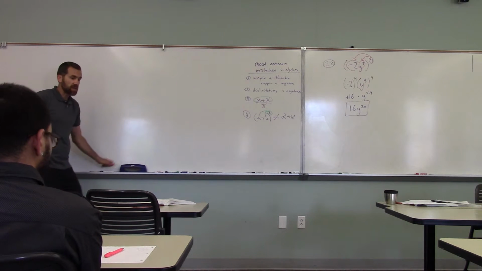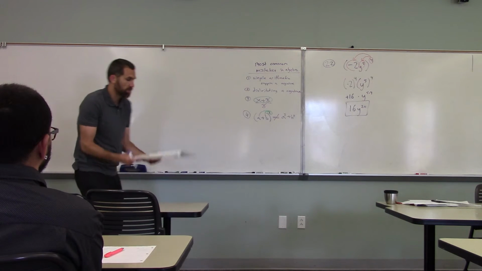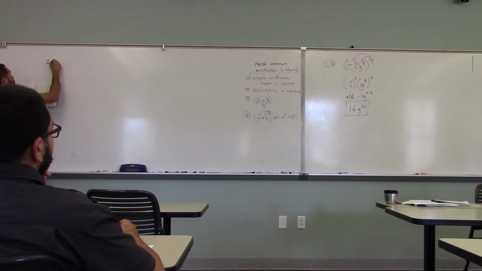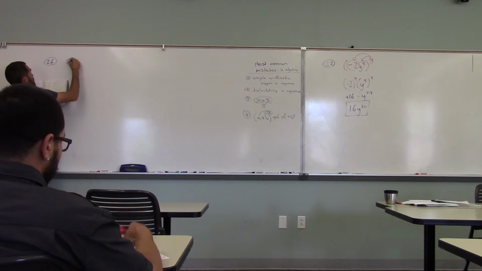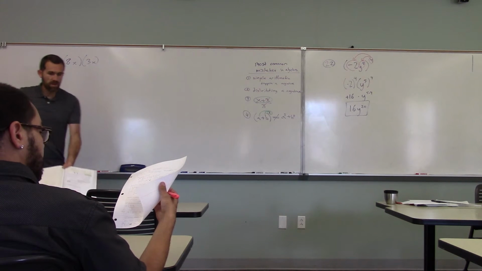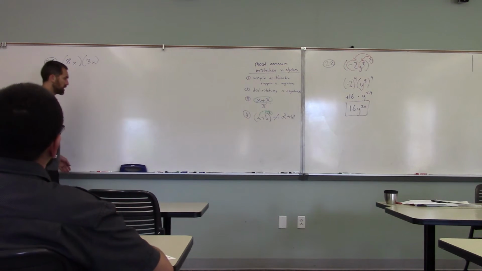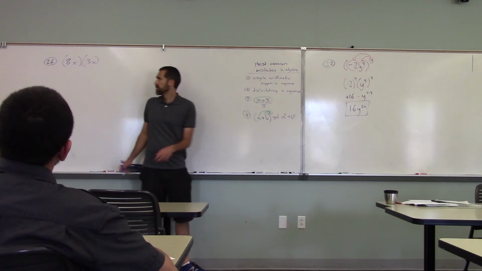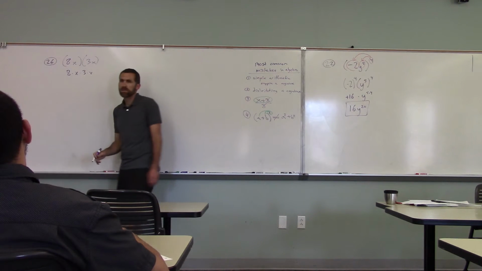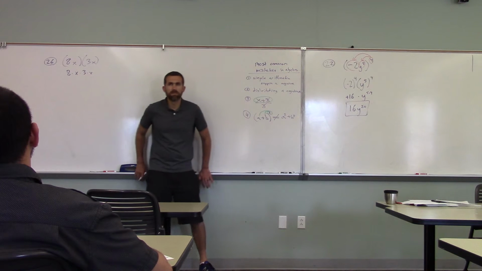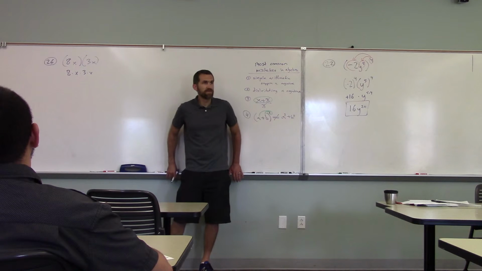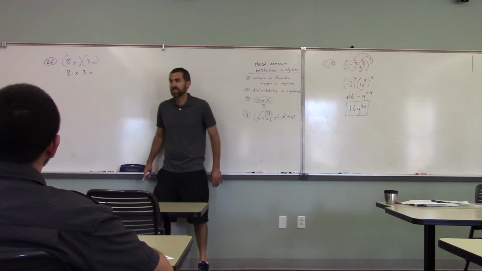So the last thing we've got is just multiplying monomials, which we already just did, so I'm not going to write any new notes, but an example, 26 is 8x times 3x, right? So how could we do 8x times 3x? 8 times 3.